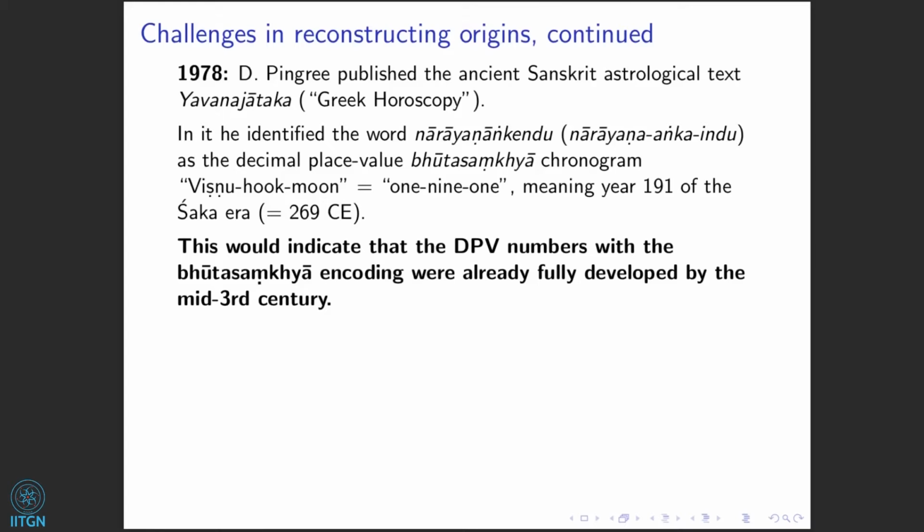That is, this would be evidence that decimal place value numbers with the bhütasamkhya encoding system were already fully developed by the time this date was written, that is, around the mid-3rd century. Great, but of course, somebody's always got to be picking things over.